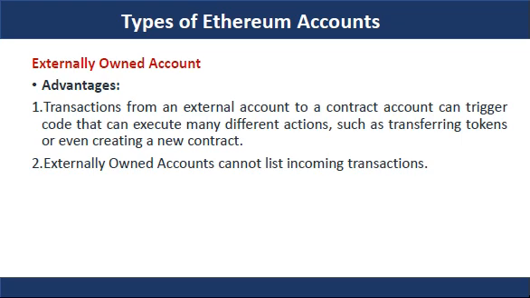An Ethereum account is an entity that is composed of an Ethereum address and the private key. So every Ethereum account has two entities, an address and a private key. The address is the first 20 bytes of the SHA-3 hash of the public key in Ethereum, which is the Ethereum address.